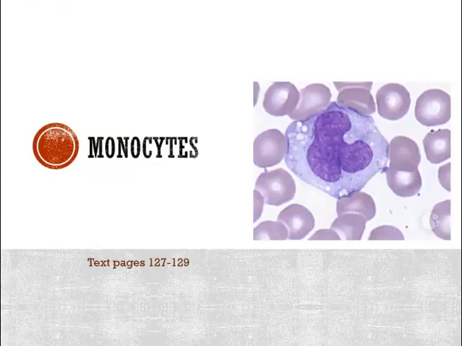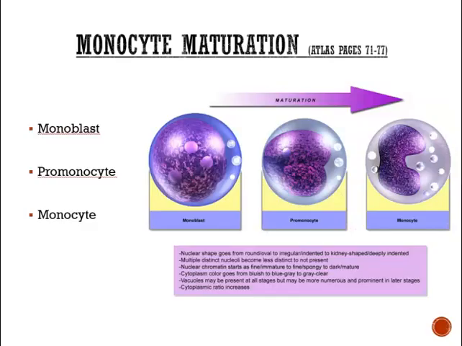Next up for our mononuclear cells, we need to discuss monocytes. This is a perfect example of what a monocyte looks like, but we'll get into a little bit more detail on the next slides. These are the steps in the monocyte maturation sequence, and you can look in your atlas on pages 71 to 77 to see better images.